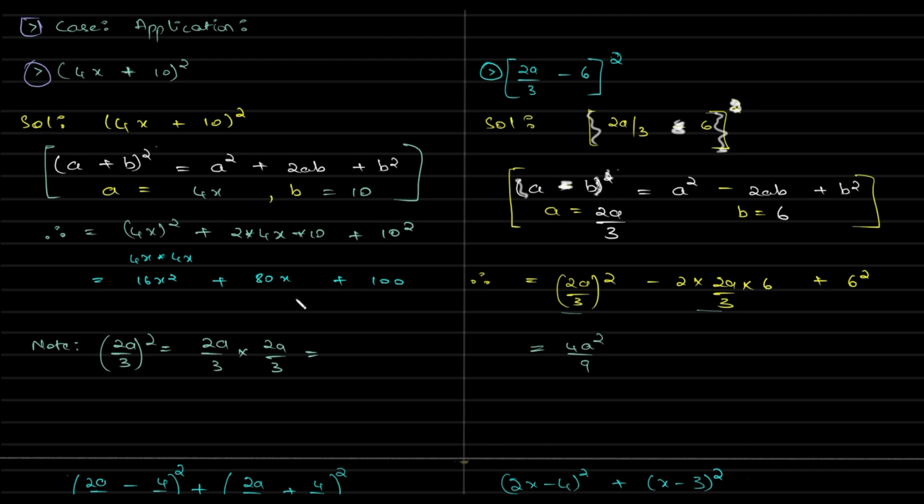So we have 2 into 2 is 4, a into a is a square, and 3 into 3 is 9. Next one. Here I can cancel because 3 and 6 have 3 as a common factor, right? So 3 ones are 3, 6 divided by 3 is 2. So 2 into 2 into 2 is 8a, plus 6 square is 36. Okay, so we have this as your answer.